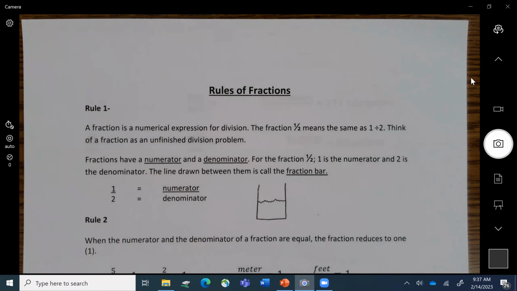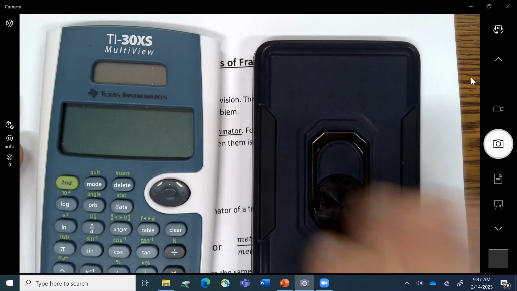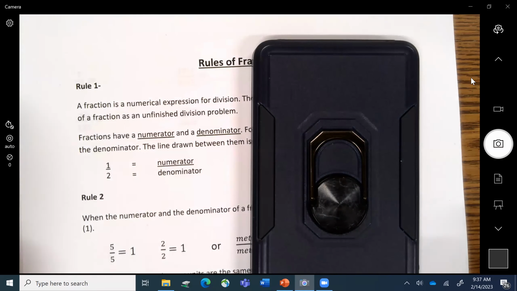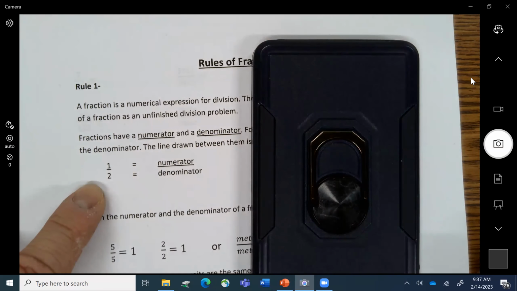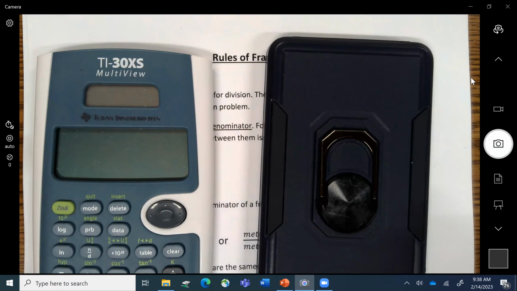So what a fraction really is, is not a description. Here's my phone, here's a calculator. I have two things. Do you agree with that? The fraction here says 1/2. How a fraction really works is that the bottom of a fraction refers to a system, a group of something, or a whole of something.